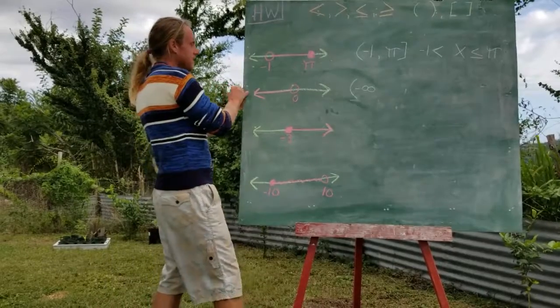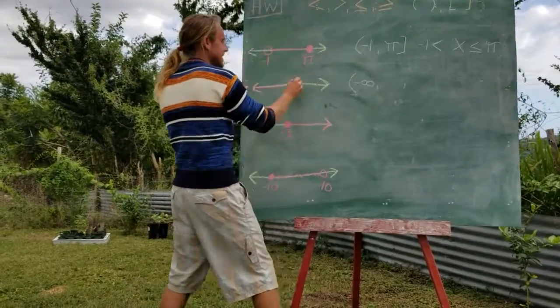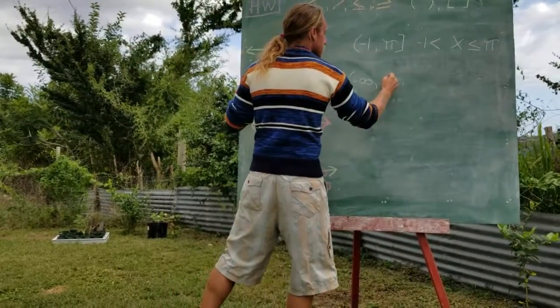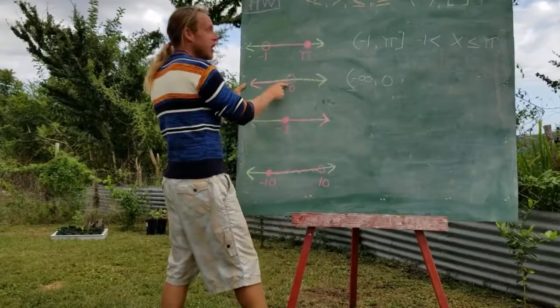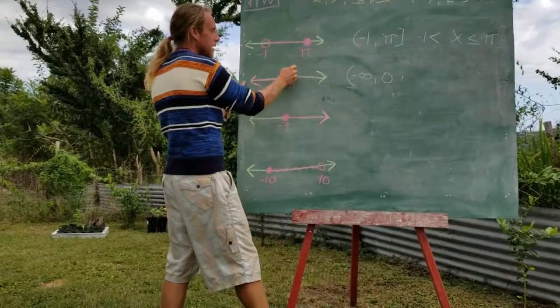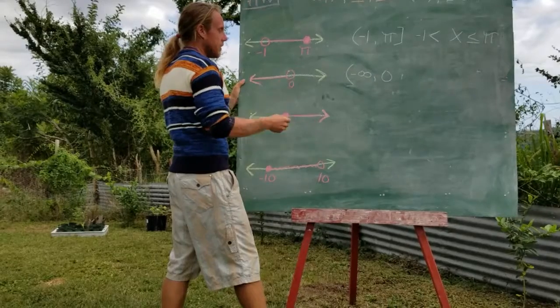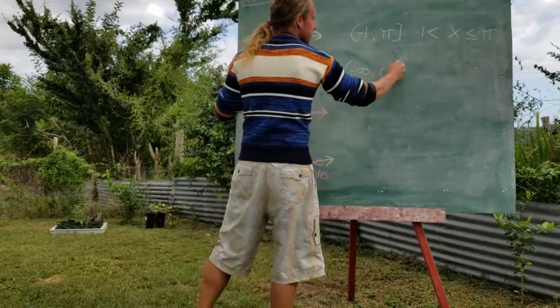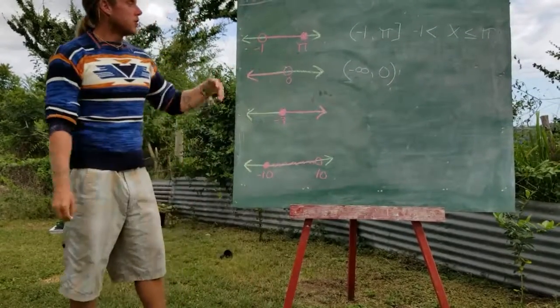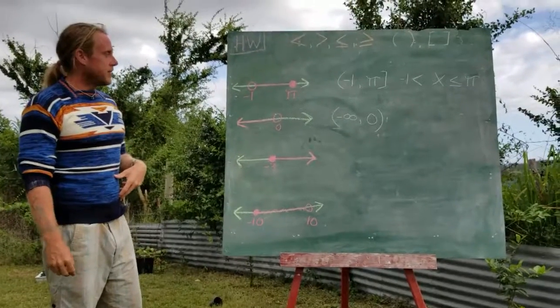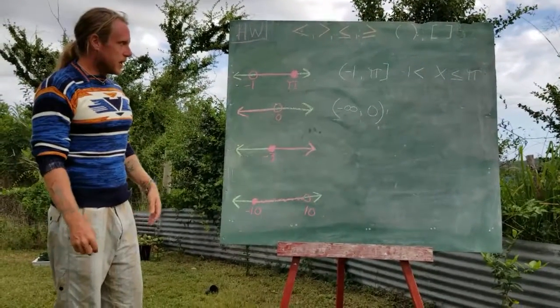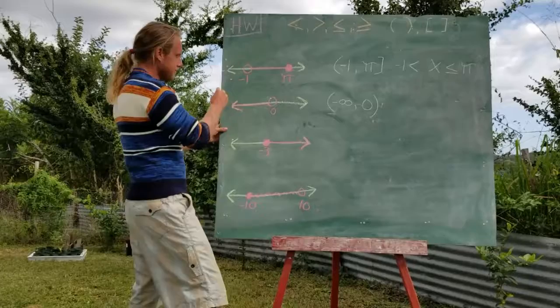So all the way from negative infinity to 0, and not including 0, we have an open interval, open circle. So we have a total open interval negative infinity to 0. Let's write it in terms of inequalities.